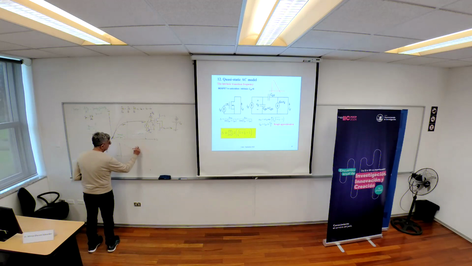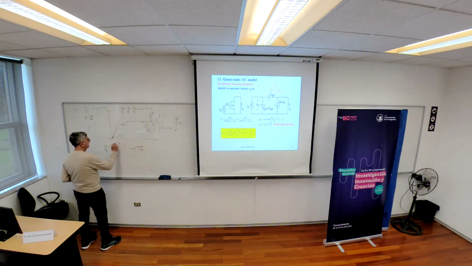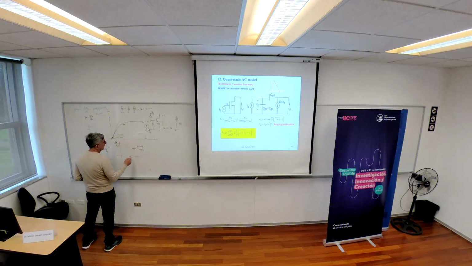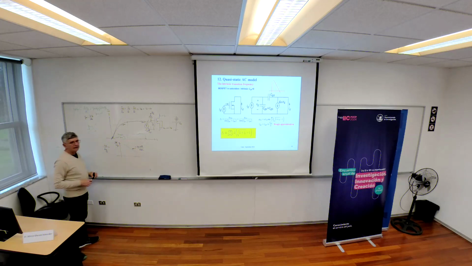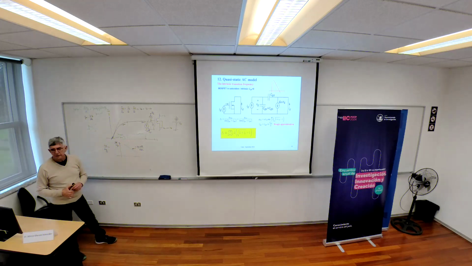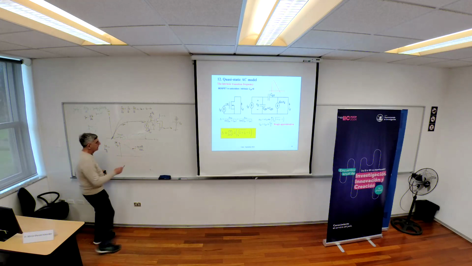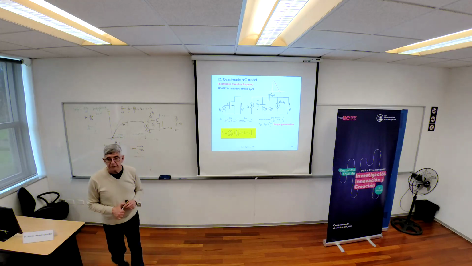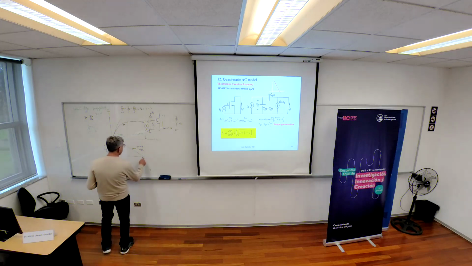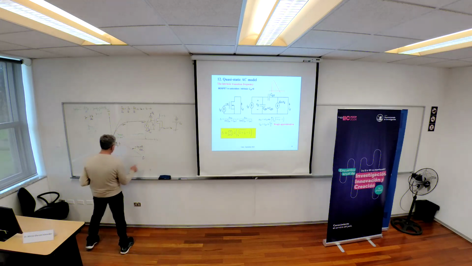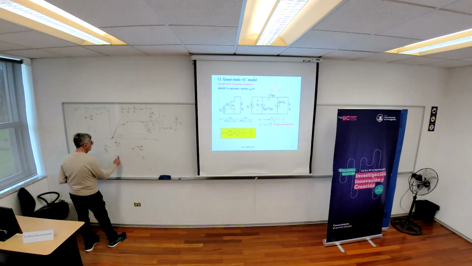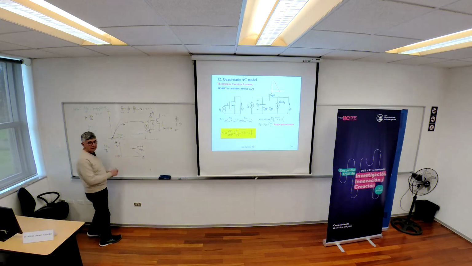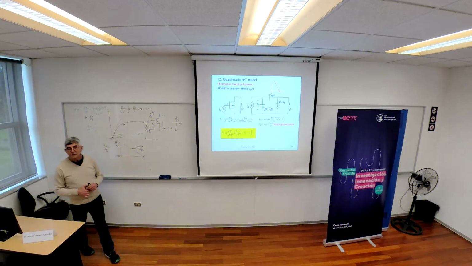You have a gain, a current gain, ID over IG, which drops at 20 dB per decade. Oh? And what's that FT? FT is what we call the transition frequency. This is the frequency at which the gain falls to 0 dB.